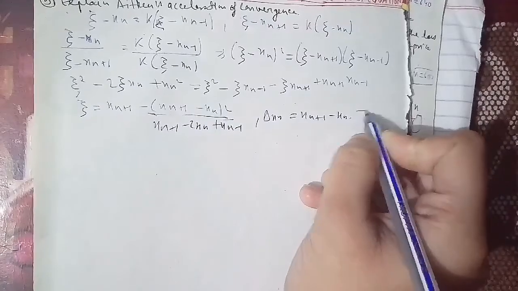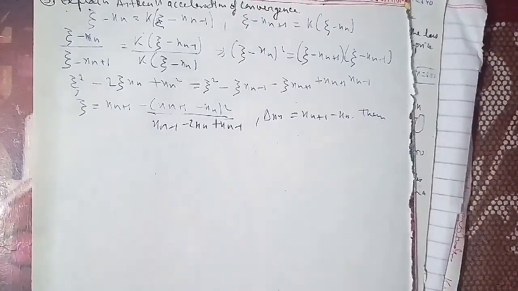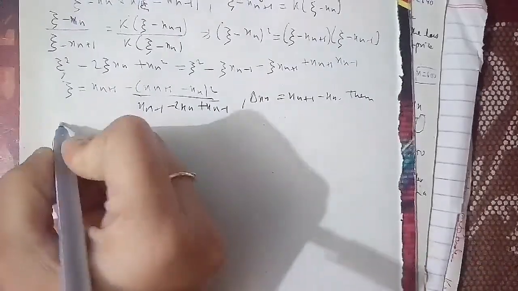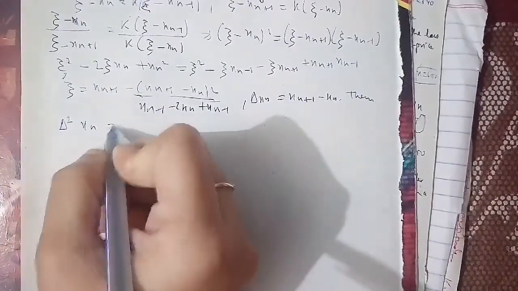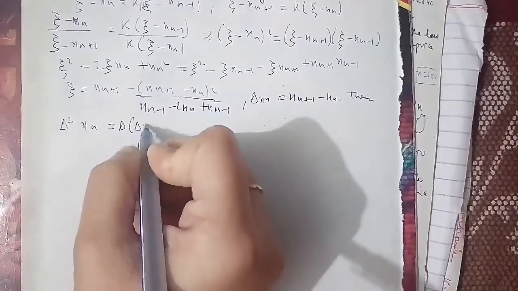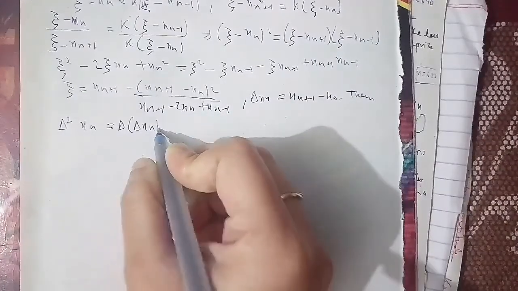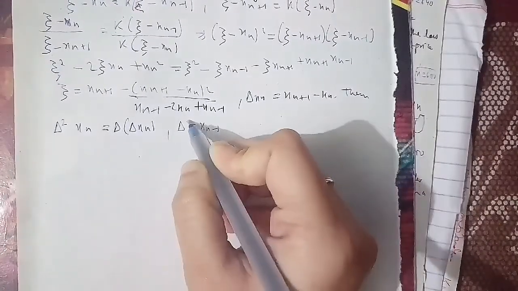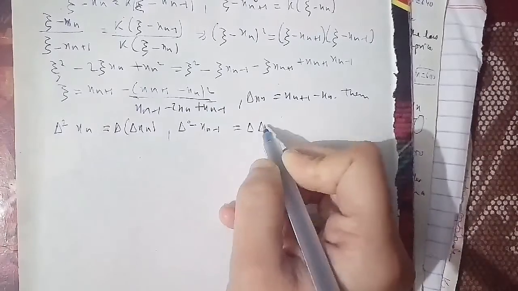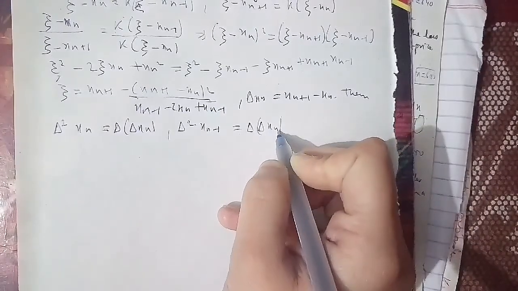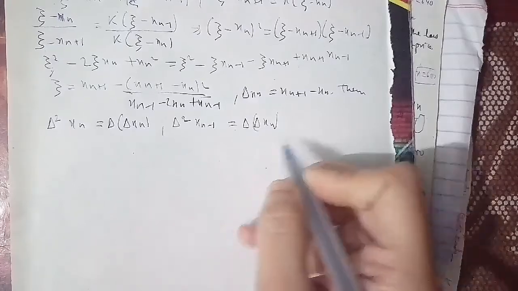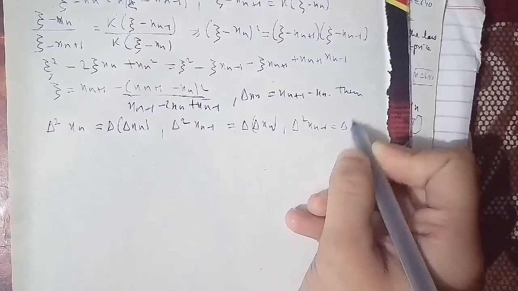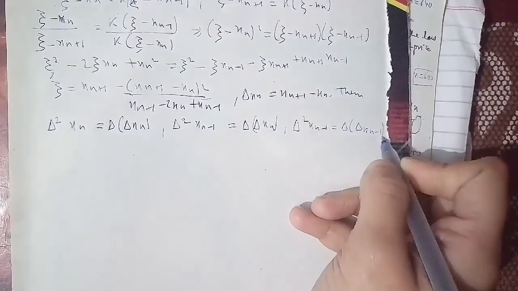Then delta squared xn minus 1 equals delta of xn, and hence delta squared xn minus 1 equals delta xn minus delta xn minus 1.